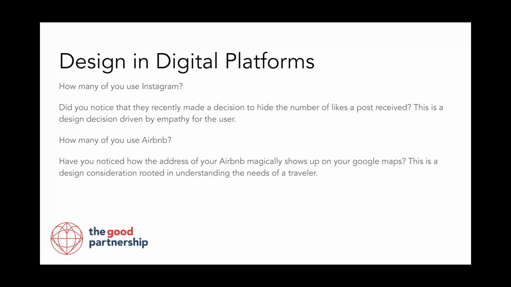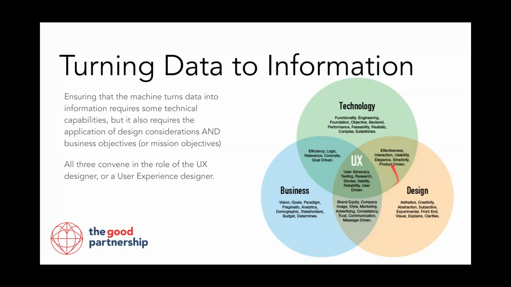There was anxiety created by people wanting to gain more likes for their posts, and they found that if they took away that visibility, they could potentially lower the anxiety of the Instagram user. So it's a design decision driven by empathy that changed in some ways the way we interact with the platform.